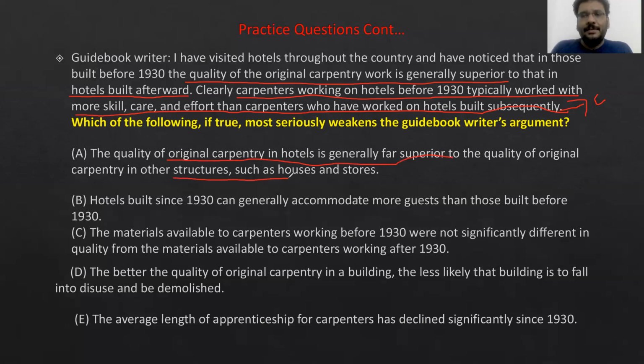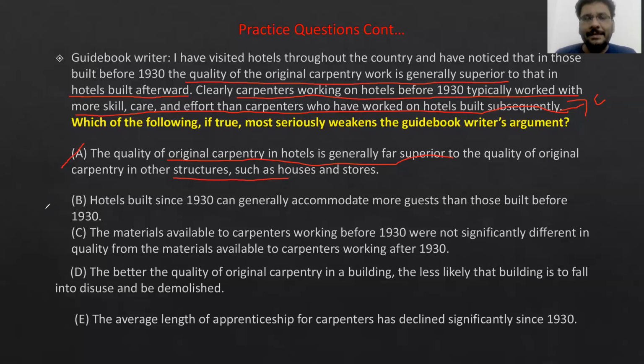We are concerned with the quality of carpentry in hotels prior to 1930 versus post 1930, right? That's what we are concerned. The entire argument is about the quality of carpentry prior 1930 versus post 1930. So this has nothing to do with the argument. So A is gone.